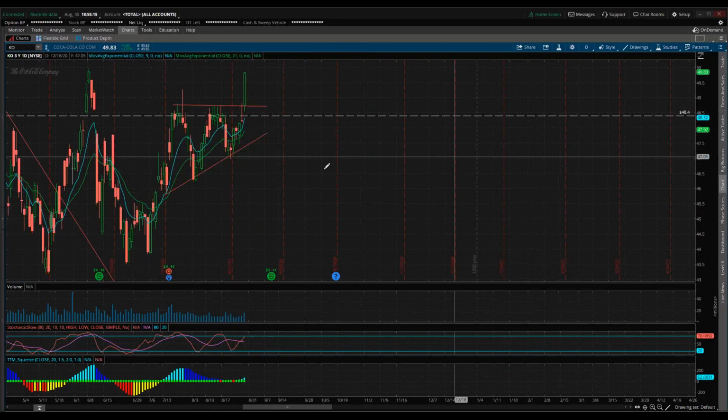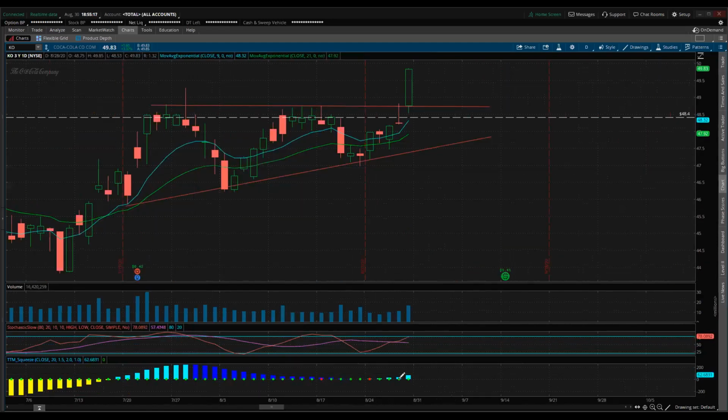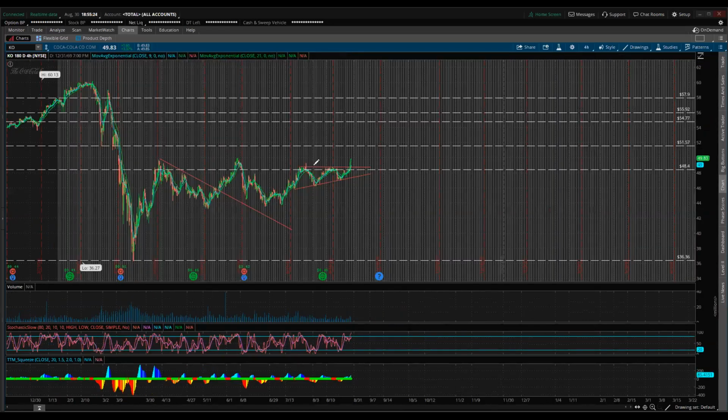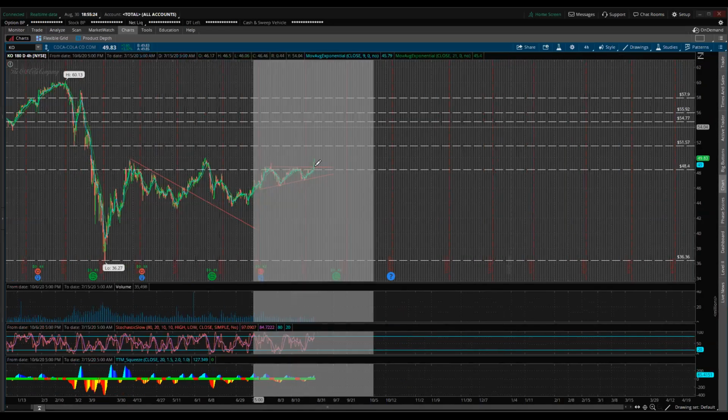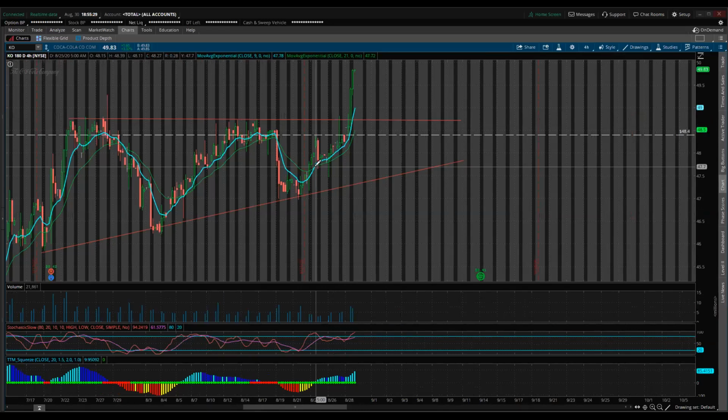Other things too: the TTM squeeze was green, Stochastic Slow was also green, and the 9 crossed above the 21 a few days ago. So this is just a continuation from my swing strategy, if you were to get a lucky entry at the exact break of the 9 to 21.